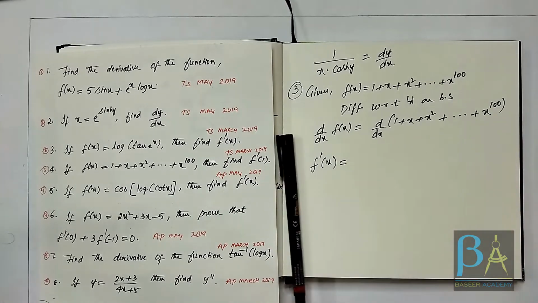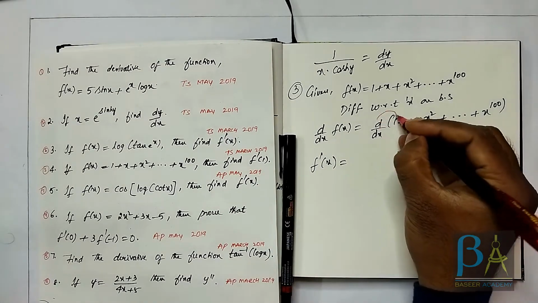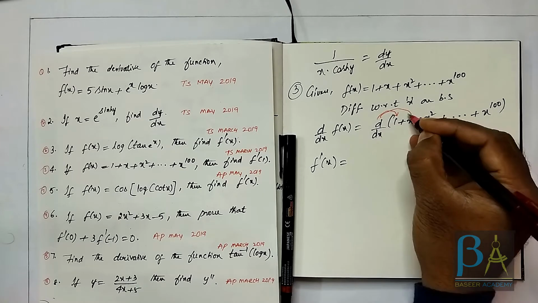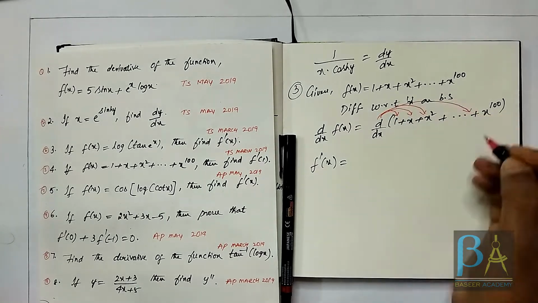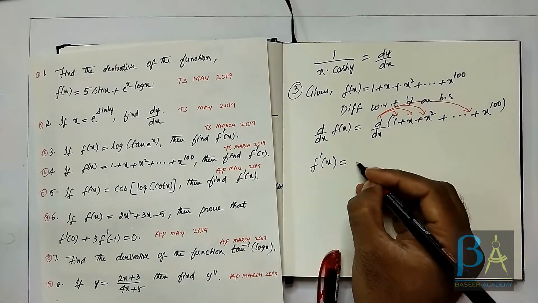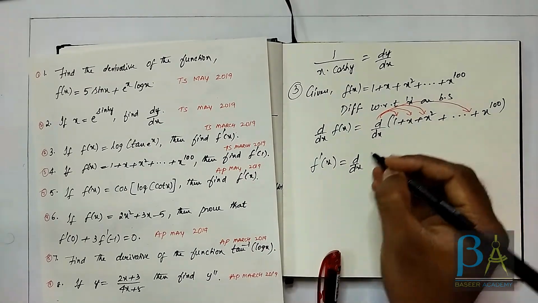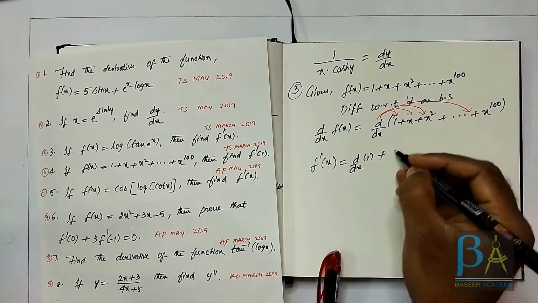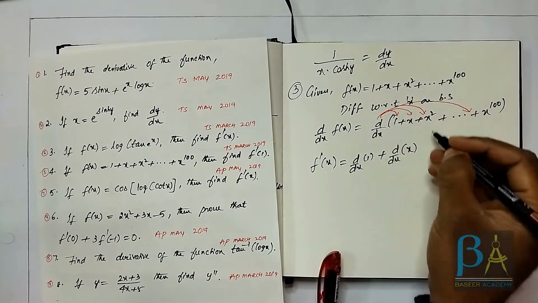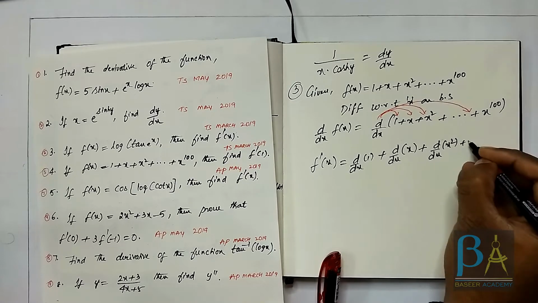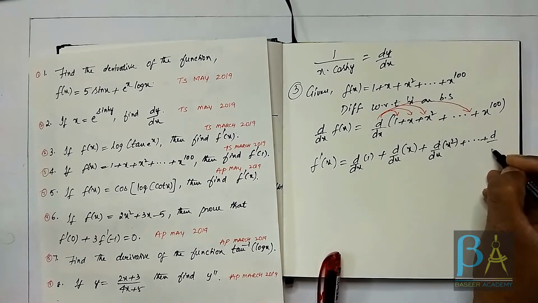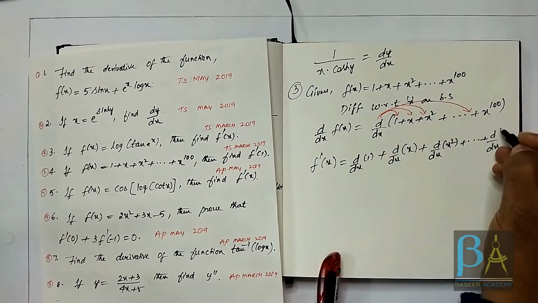You can actually start distributing the differential to all the terms. I'm going to distribute the differential d by dx to all the terms here. So let's do it. D by dx, I'm distributing it to 1, and also d by dx to x, and then d by dx to x square, and so on, and then d by dx to x power 100 also.